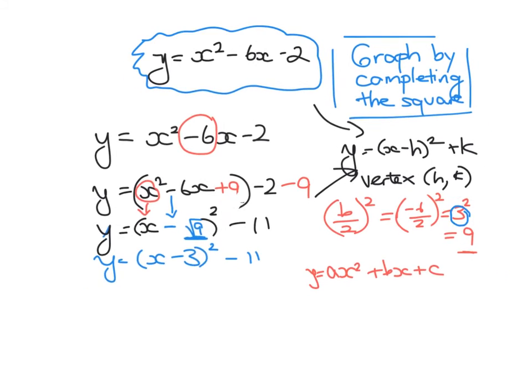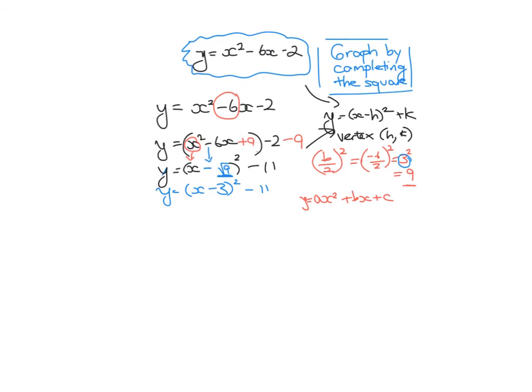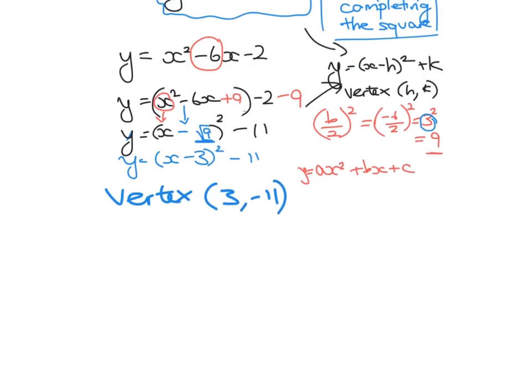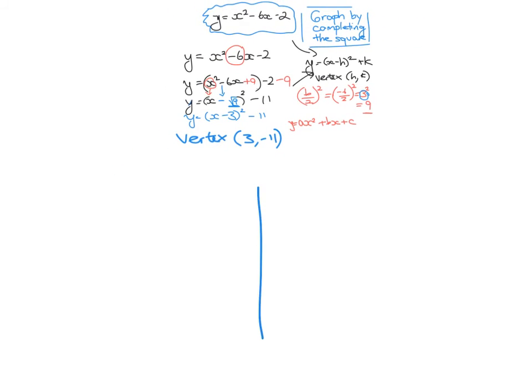This now enables us to graph this because we've got it in vertex form, and we know that the vertex in this case is (3, -11). We've got a y-intercept that's quite a way down, so I'm going to put this quite a way down with a quick scale. I'm going to draw it pretty roughly. I've got y and x, and -11 down here somewhere.